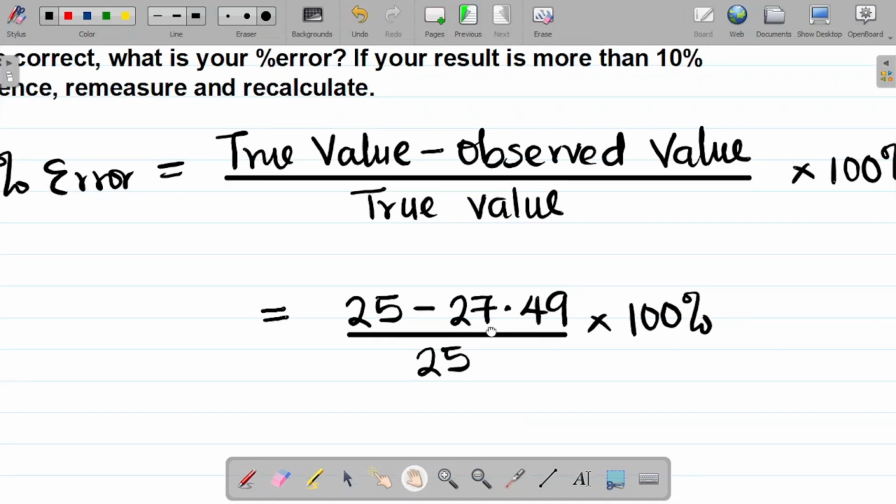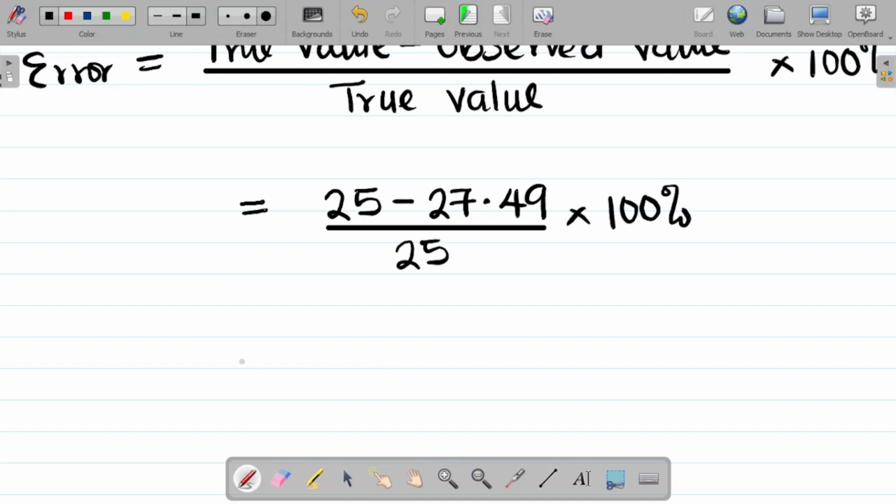All right, so let's get this done. What do you get here? If I do 25 minus 27.49, I have my value here as about minus 2.49, divided by 25, all over 25 times 100%.